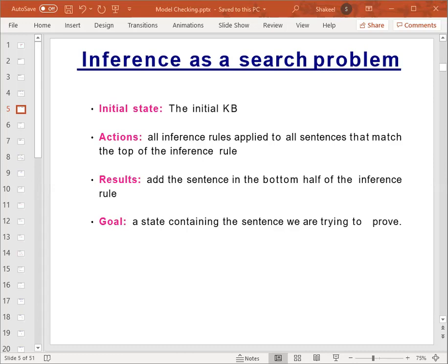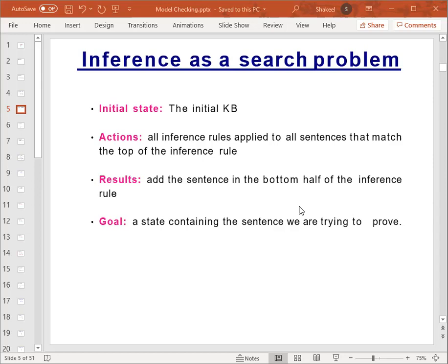In the previous slides, we have discussed and noticed that inferring is like searching: what inference to do to achieve some goal, which is to establish entailment between the knowledge base and the proposition. So it is possible to cast the problem of inference as a search problem and use any of the algorithms we have seen in the previous sections.